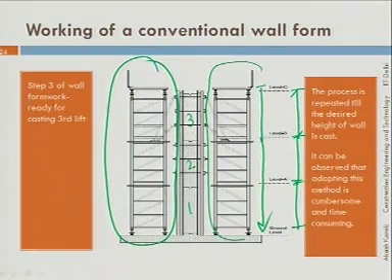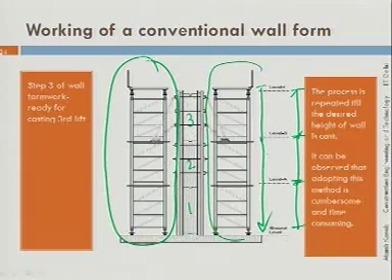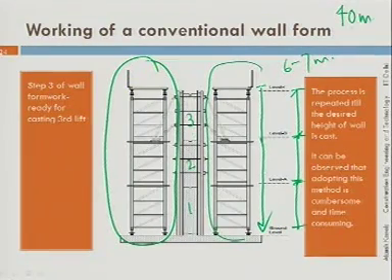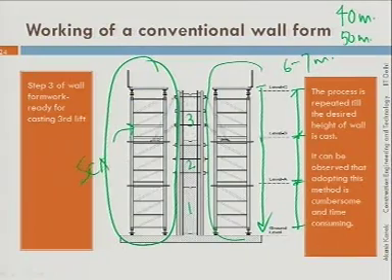Now, this type of arrangement may be economical if you are doing a wall of, let us say, 6 to 7 meter height. But imagine a situation in which you have to construct a wall of 40 meter height, 50 meter height. How much money, how much time will be lost in erecting this scaffolding?